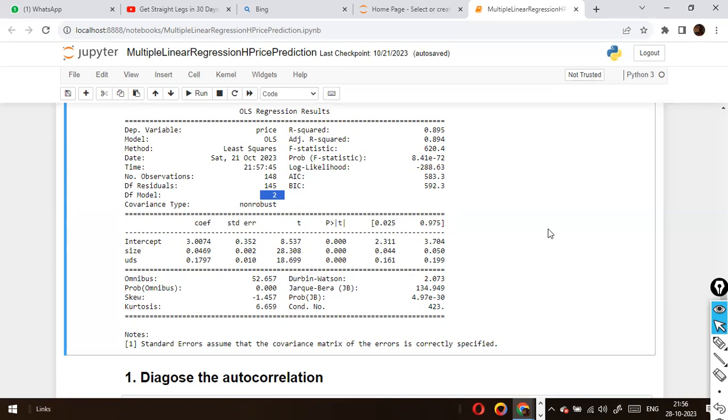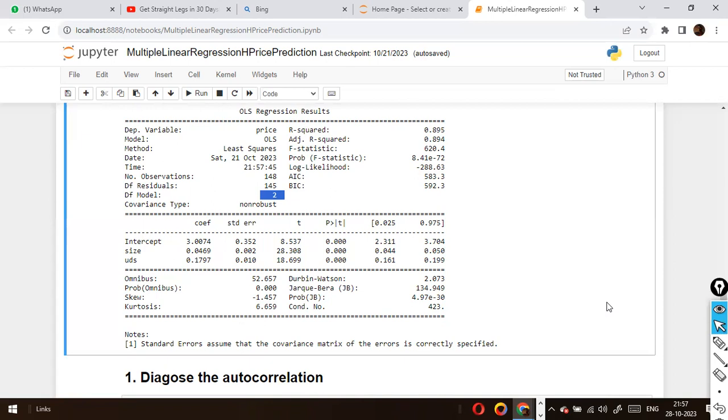There should not be any correlation between one error and another error, one residual and another. That is what it tells us. And again, Jarque-Bera: the p-value is less than alpha.